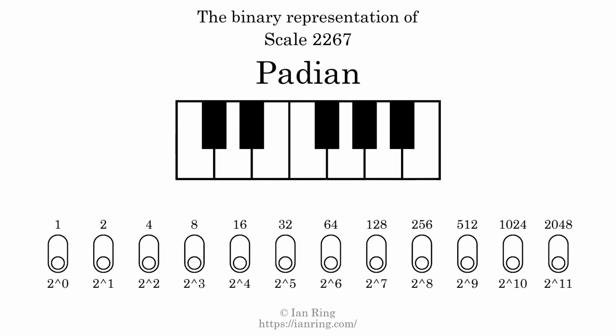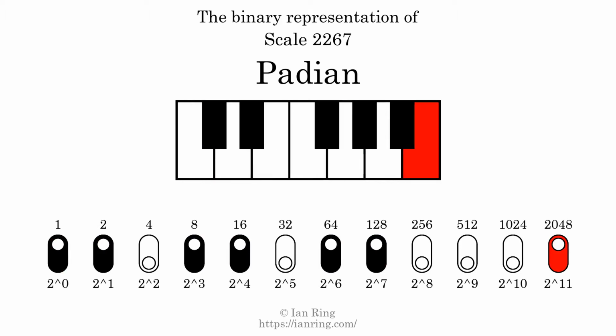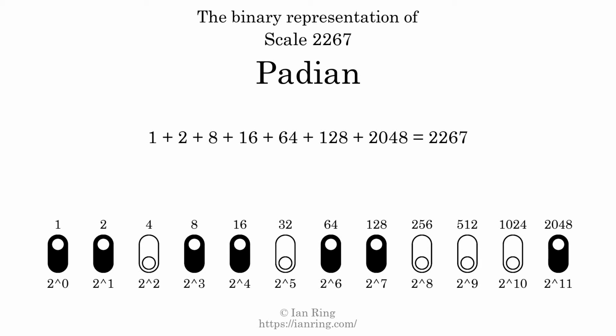The binary representation of this scale is determined by mapping tones of the scale to binary digits. Each binary digit represents a power of 2. To get the scale number, we add the powers of 2 together. The powers of 2 that are present in the scale, all added together, equals 2267.